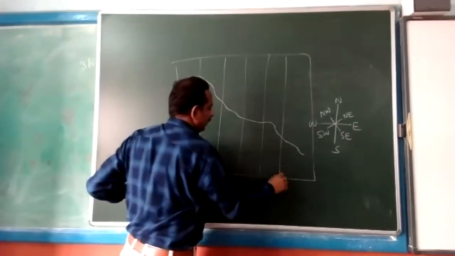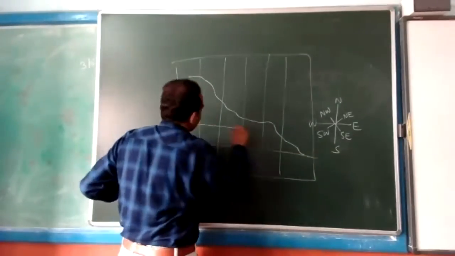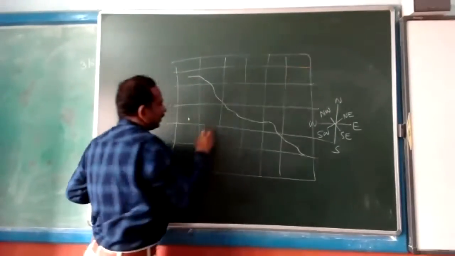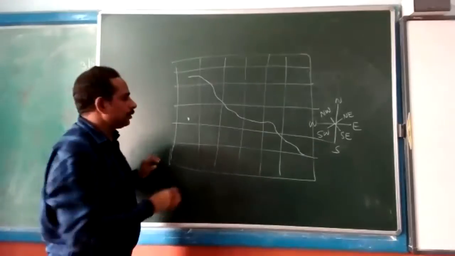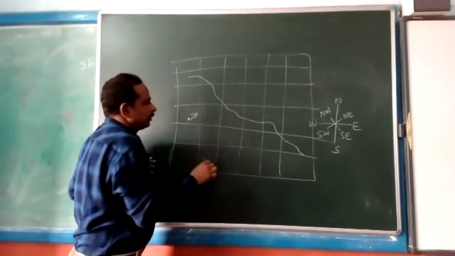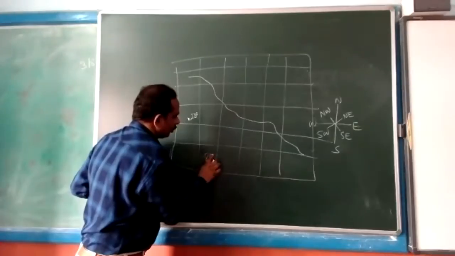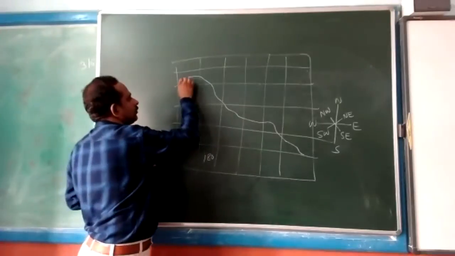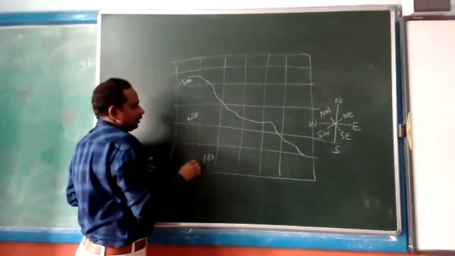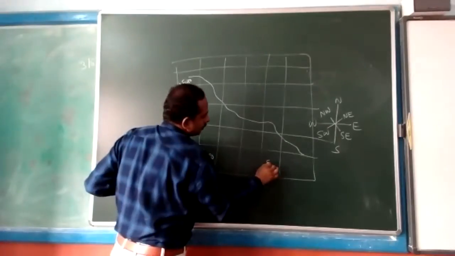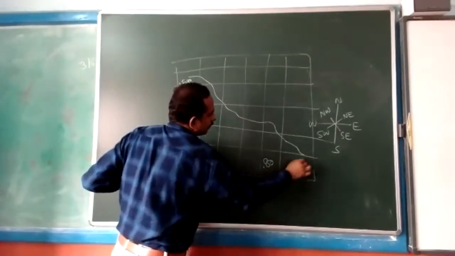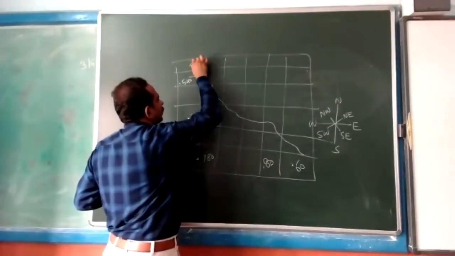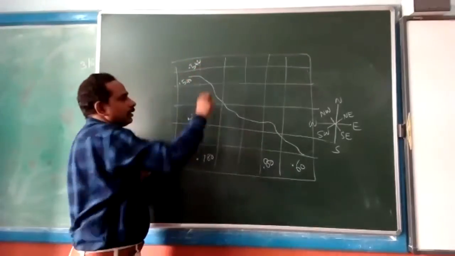In those grids, spot heights are given. Suppose here it is 280, here it is 840, sorry, 180. Here it is 540. Here it is 80. Here it is 60. Here also it is 541 or 542. Like that it is given.